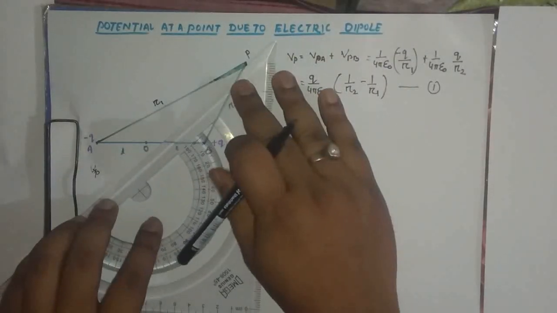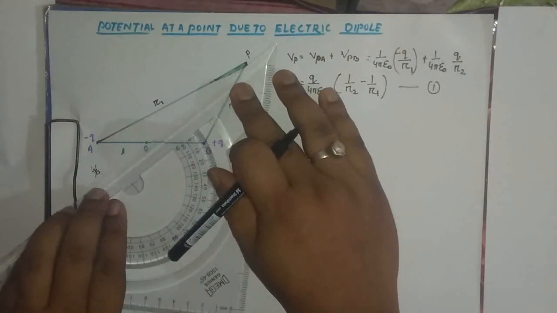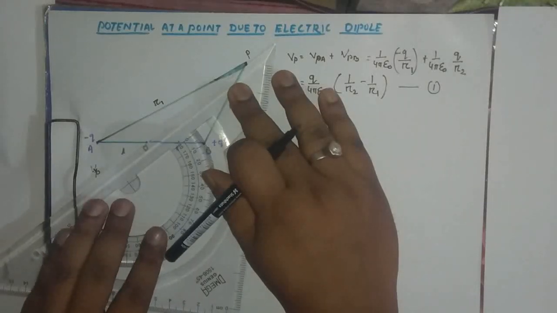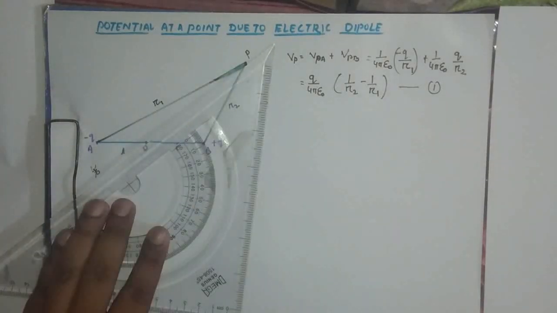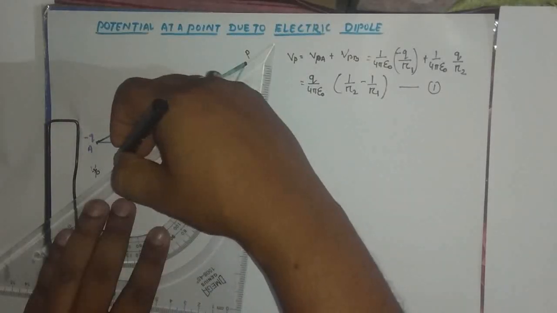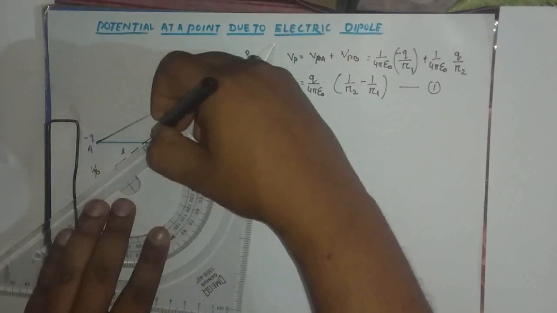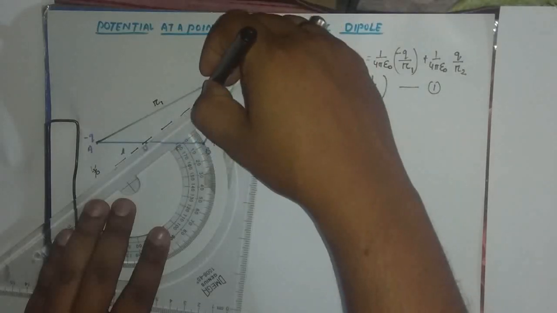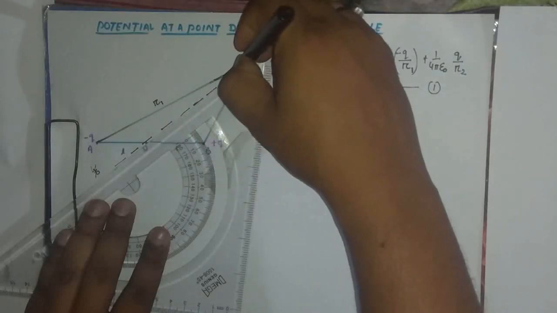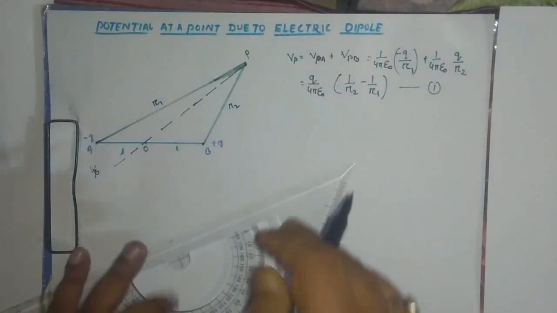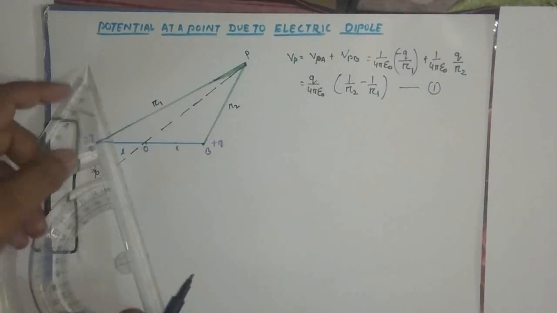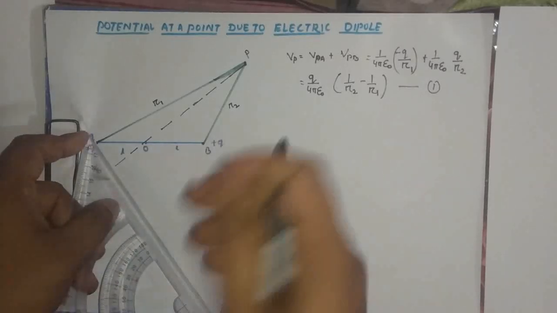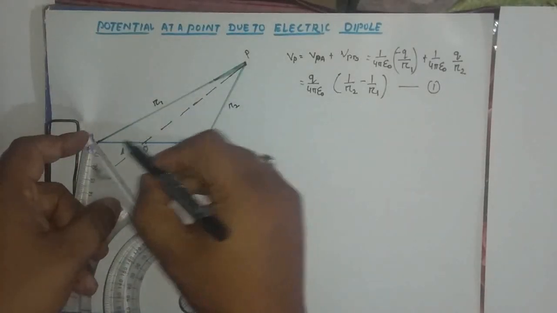If I want to draw properly, let us draw it. Different methods are there. You can follow any method. Now in this case, I want to draw the perpendicular from A to the OP line.